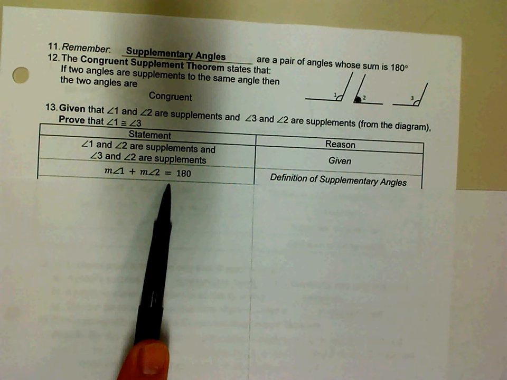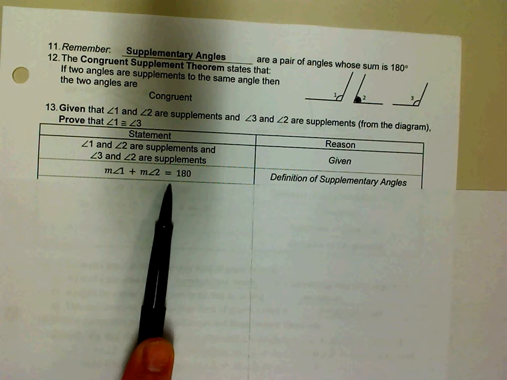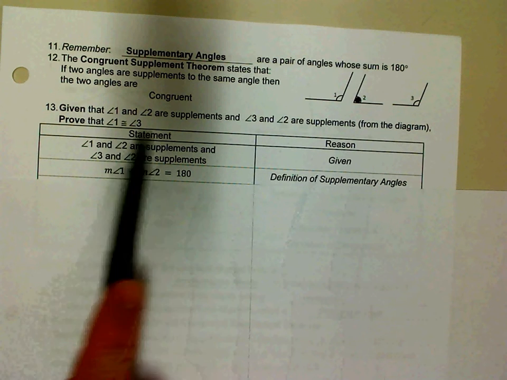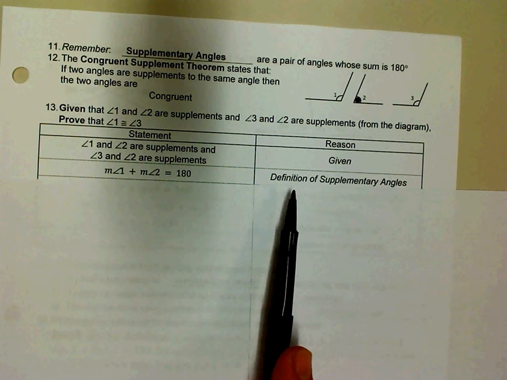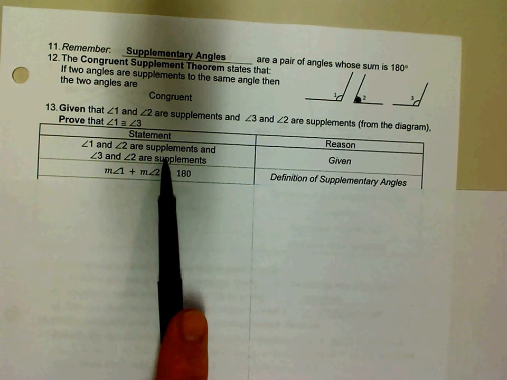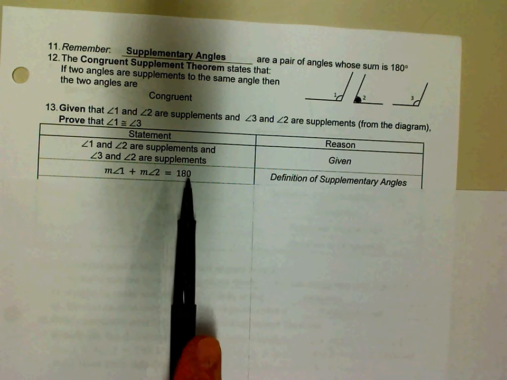Remember back when we first introduced this idea of deductive reasoning. Deductive reasoning used facts, a fact such as something that's given to us, or a postulate, and also definitions. By this term being given to us, we use its definition to get to this first line.